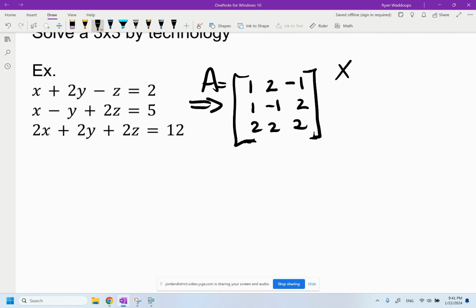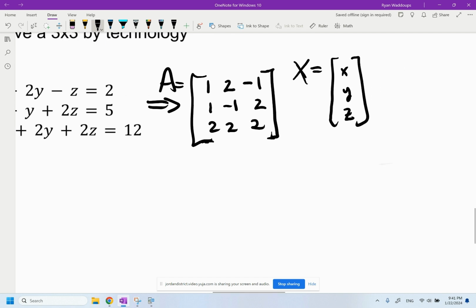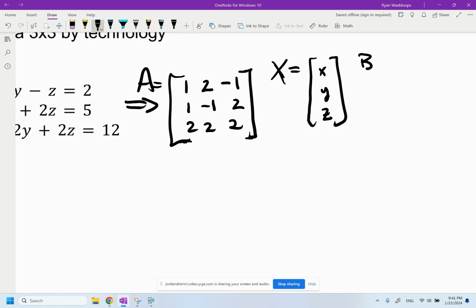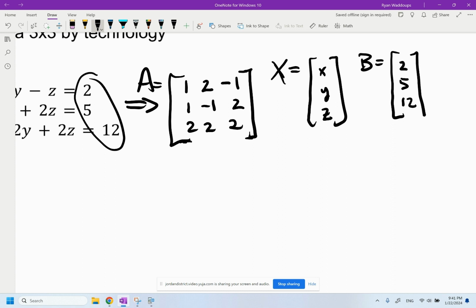We might just write it in there so we remember. X is our value of little x, y, and z. And then B is the other part right here: 2, 5, and 12.